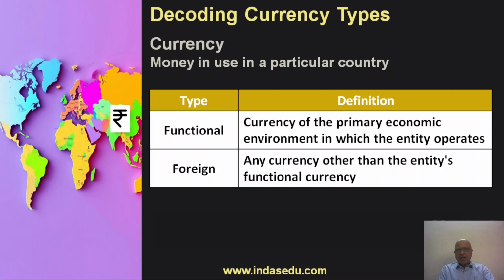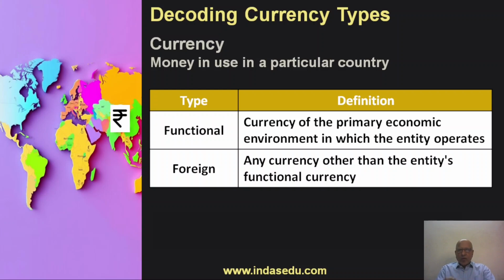In India, functional currency is rupee. UK functional currency is pound. USA functional currency is dollar. Second thing, foreign currency. Any currency other than the entity's functional currency.